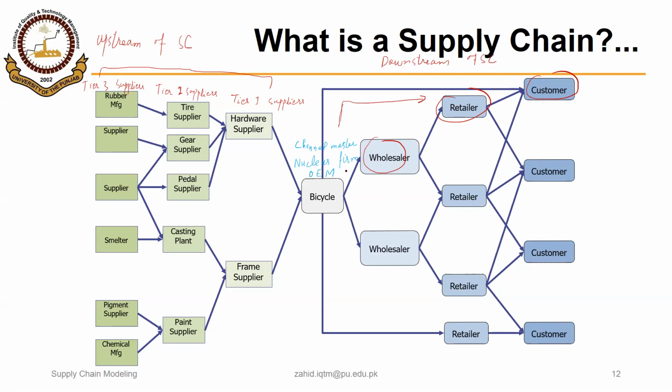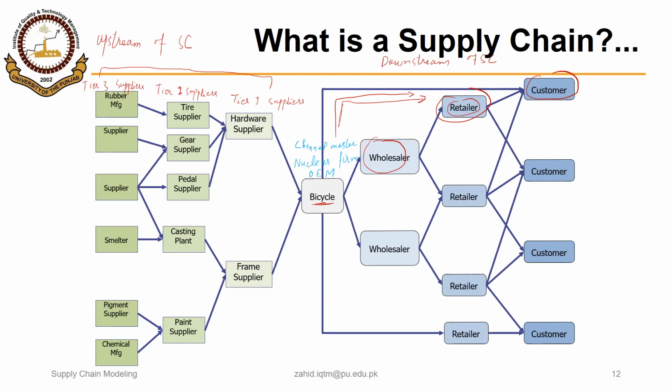Now, it is obvious that once this manufacturer is supplying to the wholesaler, its control is lost. It has no more control over the rest of the supply chain. The rest of the control is, for example, with the wholesaler till it reaches the retailer, and then the retailer controls the rest of the supply chain. But in this distribution channel, the control is with the bicycle manufacturer itself.